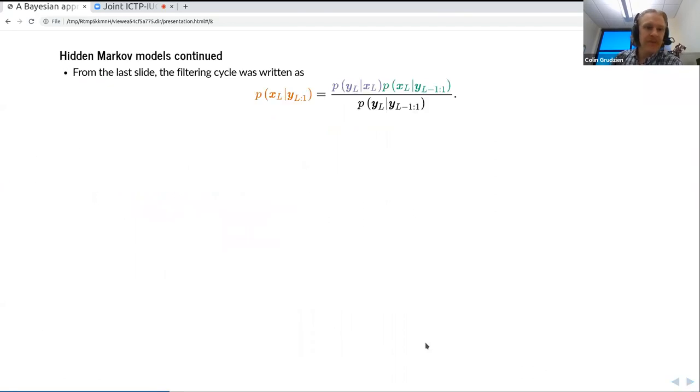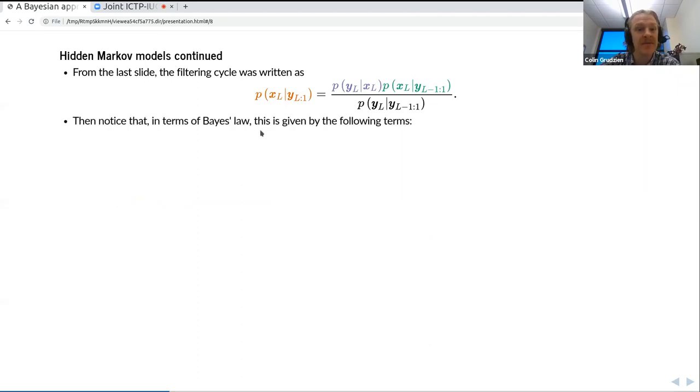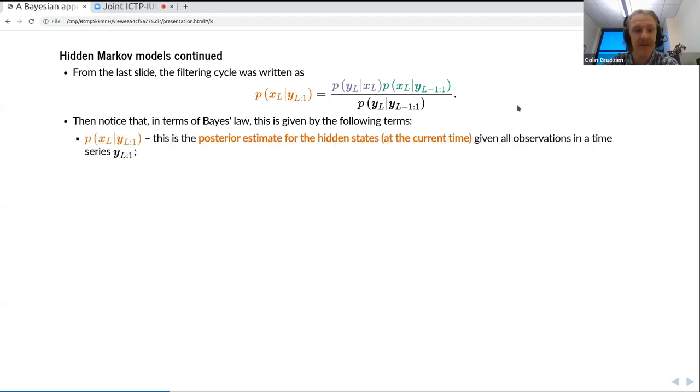Where in the last slide, this is in fact a complete description of the filtering cycle. That is, what we're saying is we have our filtering density that we'd like to study. And in terms of Bayes' law, this is given in terms of the following terms. We have our posterior estimate for the hidden states at the current time, given all observations in the time series.